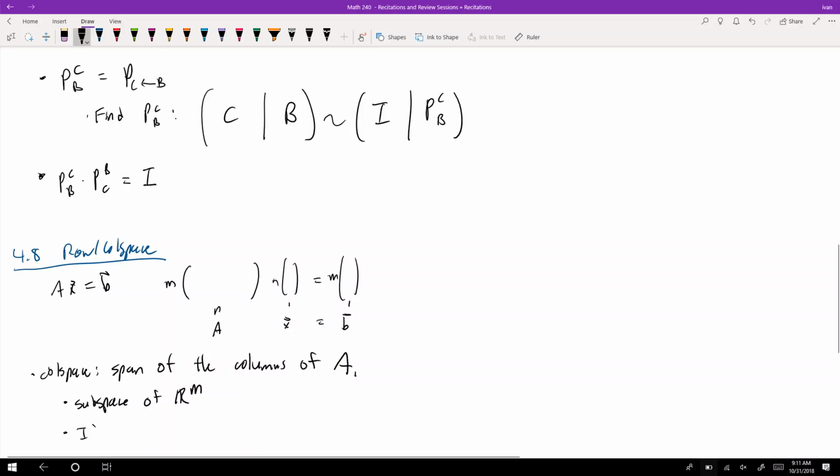And if b is inside the column space of A, then Ax = b is consistent, which means you can solve this system for an x. So there is some x that solves this system of equations, as long as b is in the column space of A. Okay, and you note that for column space, we're talking about b and we're talking about the columns, all right?